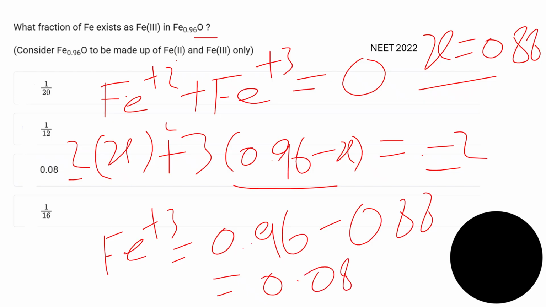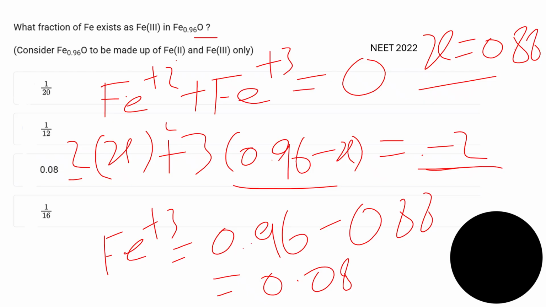Okay, don't panic. The only way is to solve the charge. Because iron oxide is neutral, the oxygen contains minus 2 charge, so iron should contain plus 2 charge, but there is Fe2+ and Fe3+ mixed, so less than one ion is required.